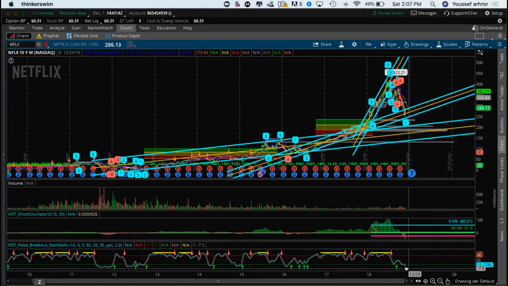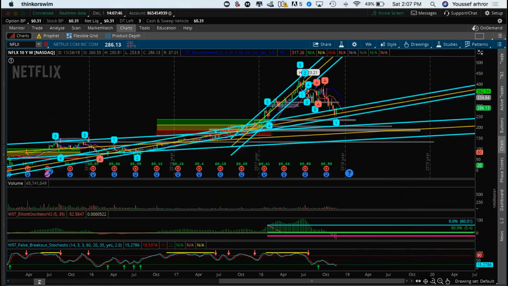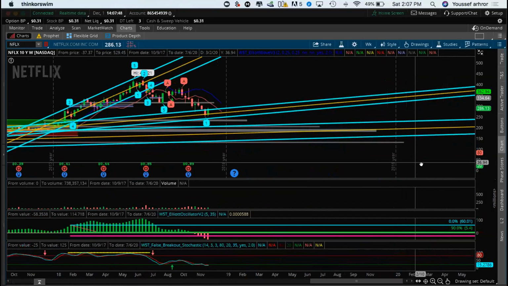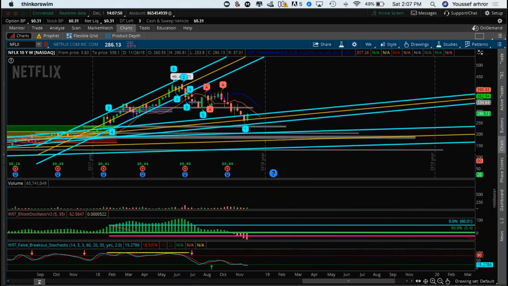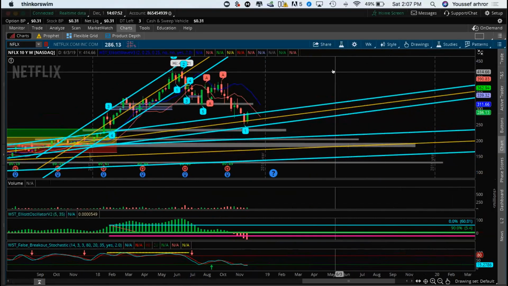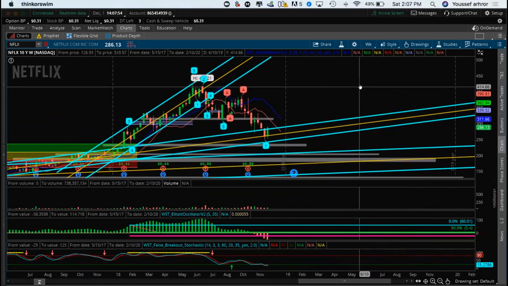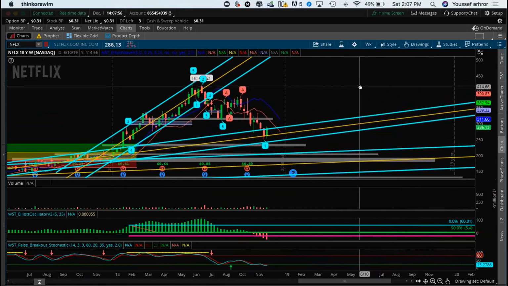So again, we've framed this now. I've gone to my daily and I've put my linear support and resistance zones on there. So on a weekly, potentially now we've had some correction. We've come back down into that secondary, that middle channel, which is our 45-degree channel. Is it going to find support there?